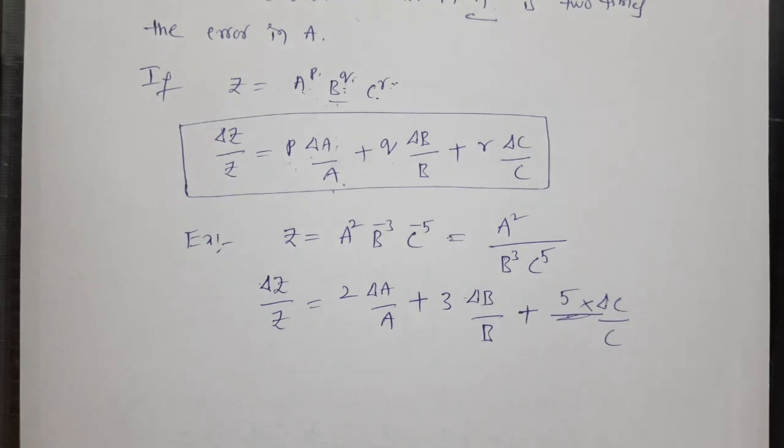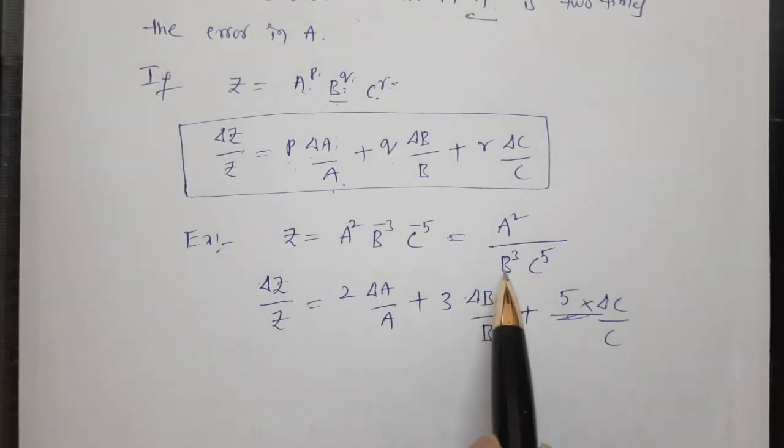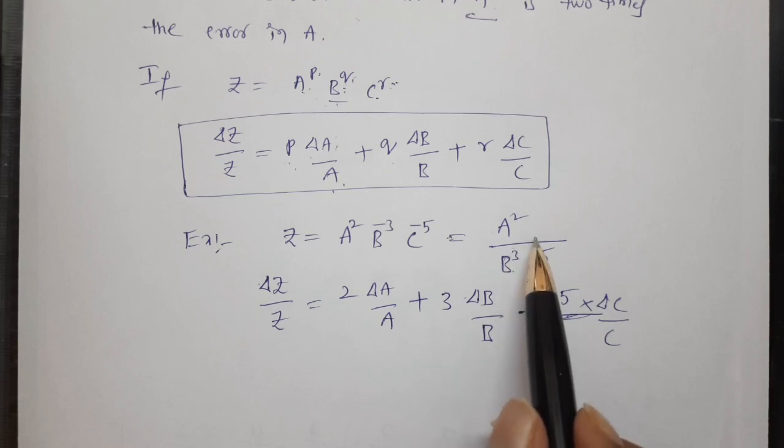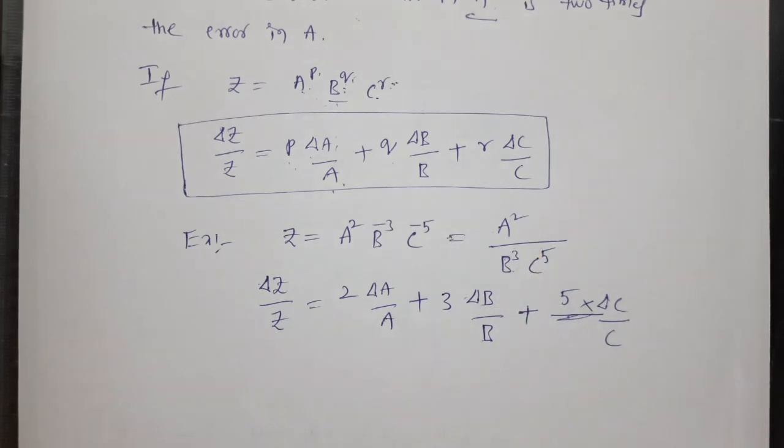That means we are assuming that b and c are in division. Whether they are in division or multiplication, the rule is the same.